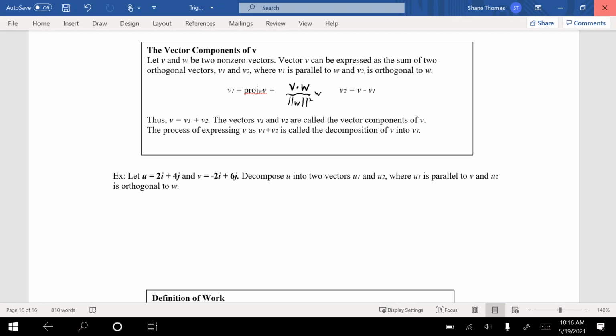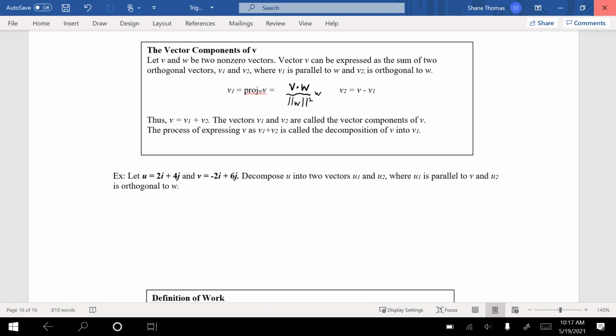That was our projection. Basically, this is how you undo that if you're given the projection and you want to work backwards. All right, find the 2 original vectors. So vector components of V. The V and W are 2 non-zero vectors. Vector V can be expressed as the sum of 2 orthogonal vectors V1 and V2, where V1 is parallel to W and V2 is orthogonal to W.